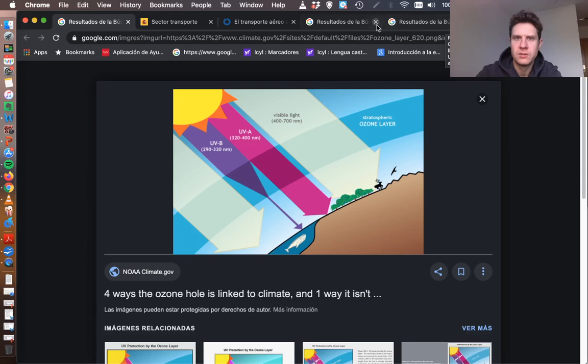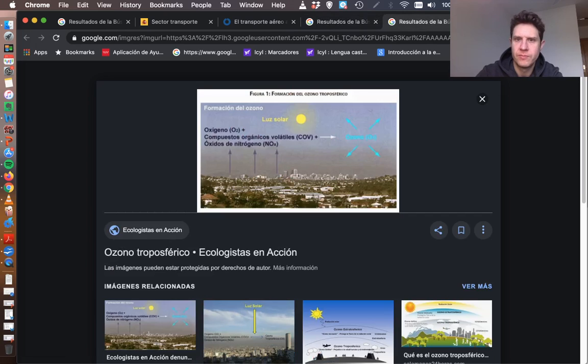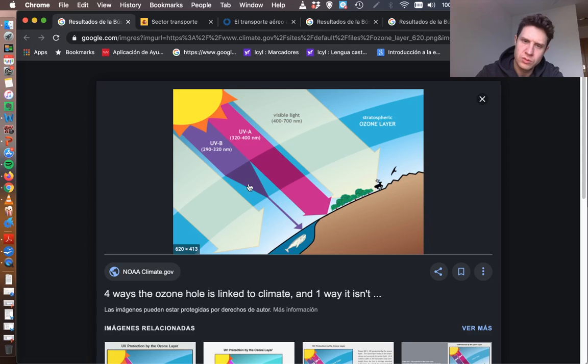So what's the problem with this, and what's the difference between the ozone, and when we are destroying the ozone layer? It is now in good shape. Did you know that we have a hole in the North Pole, but it is recovering quite well.